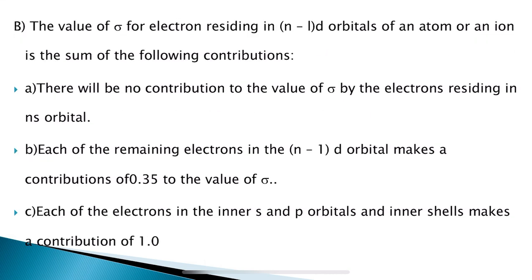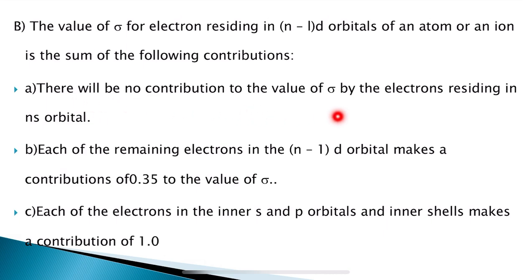And next, the value of sigma for an electron residing in an n-1 d orbital of an atom or an ion is the sum of the following contributions.